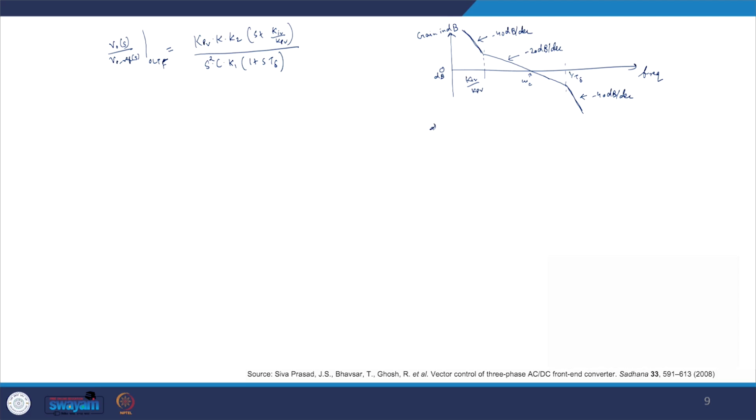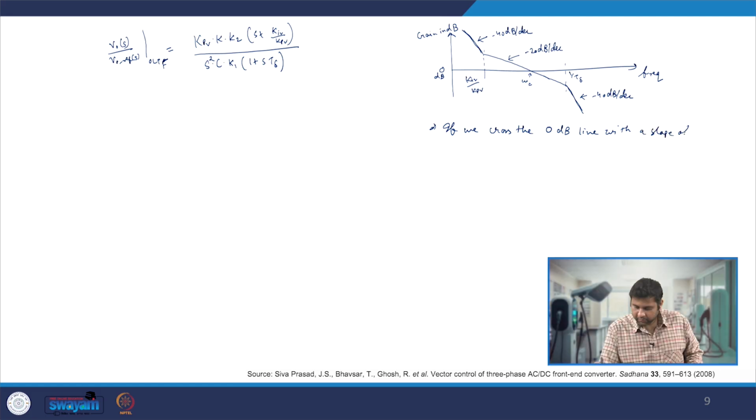So we can say that if we cross the 0 dB line with a slope of minus 20 dB per decade, then high phase margin can be achieved.